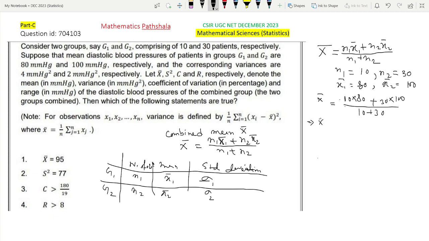Next, 800 plus 3000 divided by 40. Then x bar equals 3800 divided by 40, which is 95. So x bar equals 95, and this is option A. So option A is the correct answer.